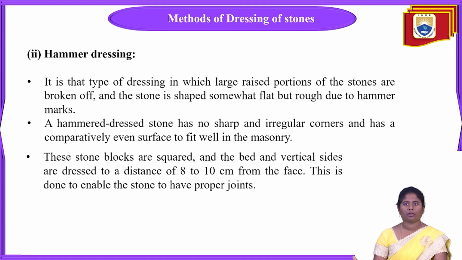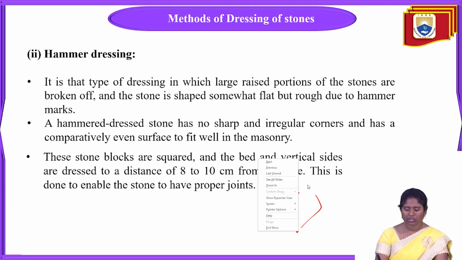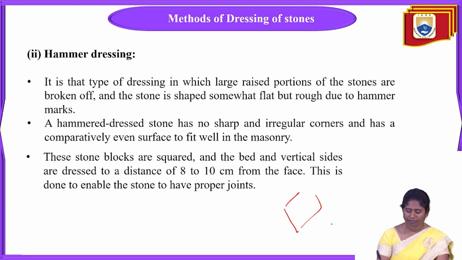Next, this hammer dressed stone has no sharp and irregular corners. If this is the shape of a stone, the texture will not be a smooth surface, it is a rough surface.